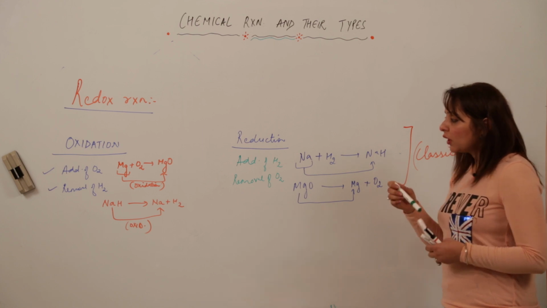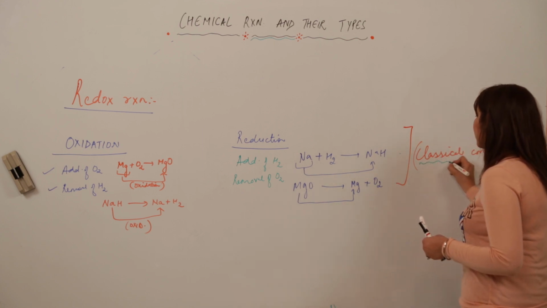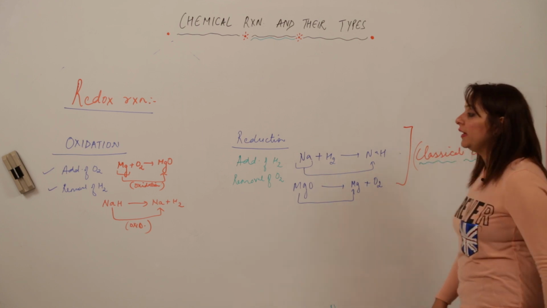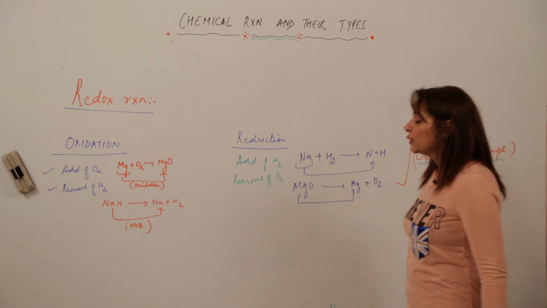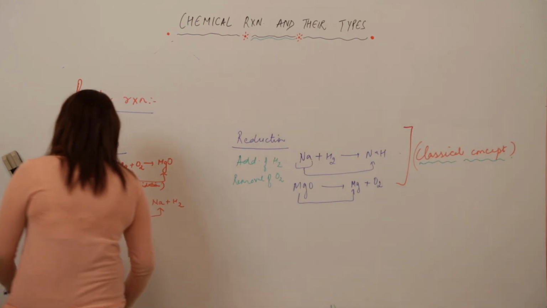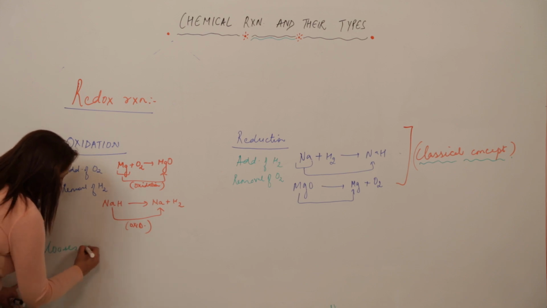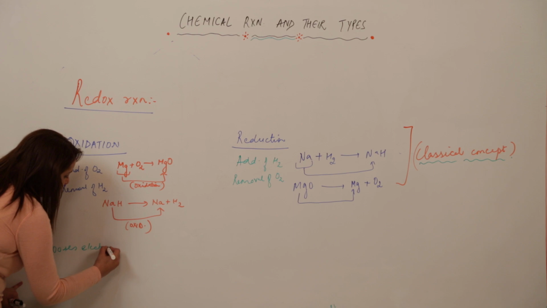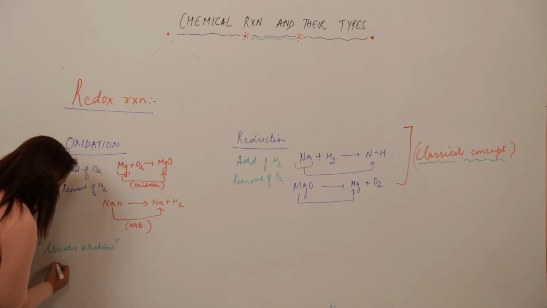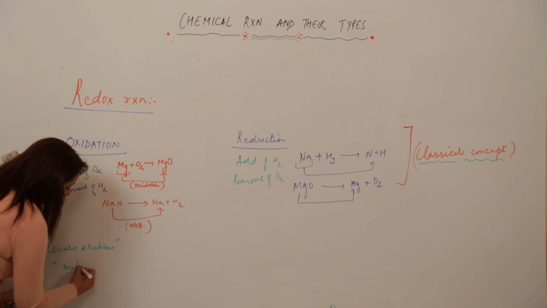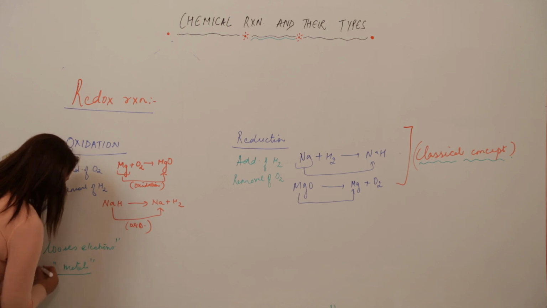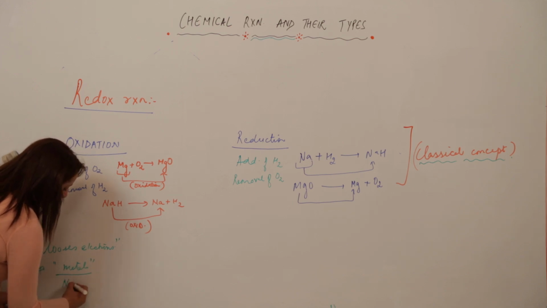But we can define oxidation and reduction in terms of the electronic concept as well. Whenever a substance loses electrons, it is said to be oxidized. So all metals actually get oxidized. For example, sodium has one electron in its outermost shell.